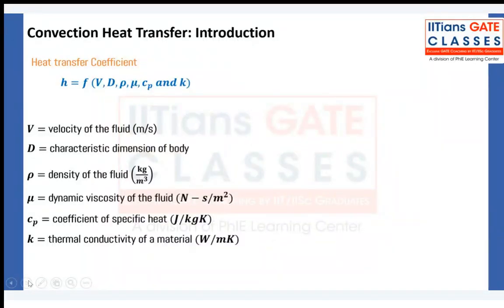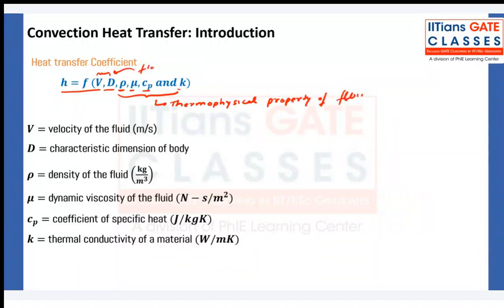Now, as I have told you many times, h is a function of velocity, characteristic dimension or characteristic length, density, mu, Cp, k. These are thermophysical properties of the fluid. These are flow parameters.